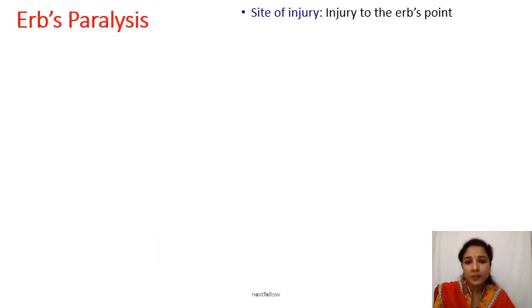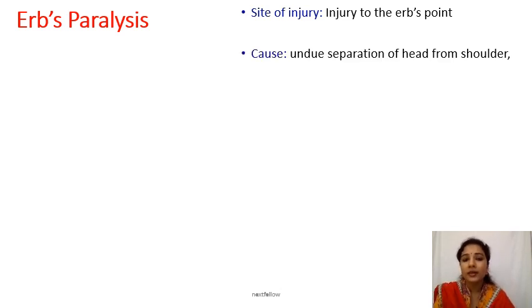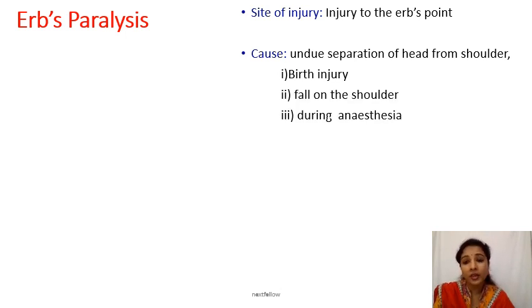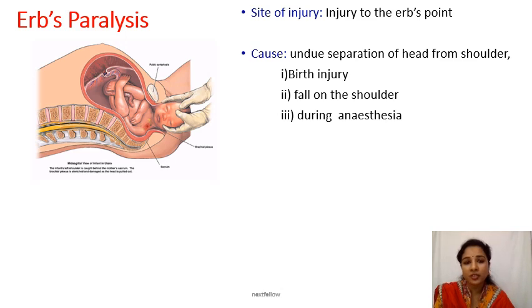Next about Erb's palsy. The site of injury is Erb's point, that is the upper trunk of brachial plexus, and the cause is undue separation of the head from the shoulder. So it can be because of birth injury or a fall from a height, or sometimes during anesthesia.